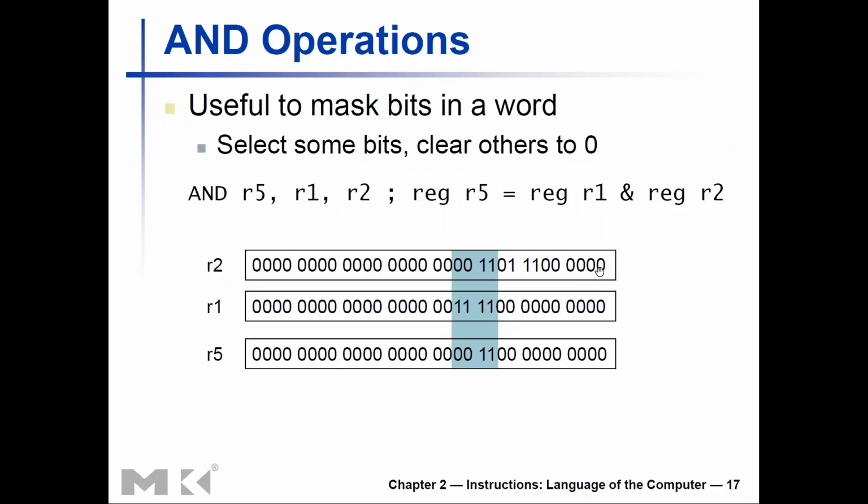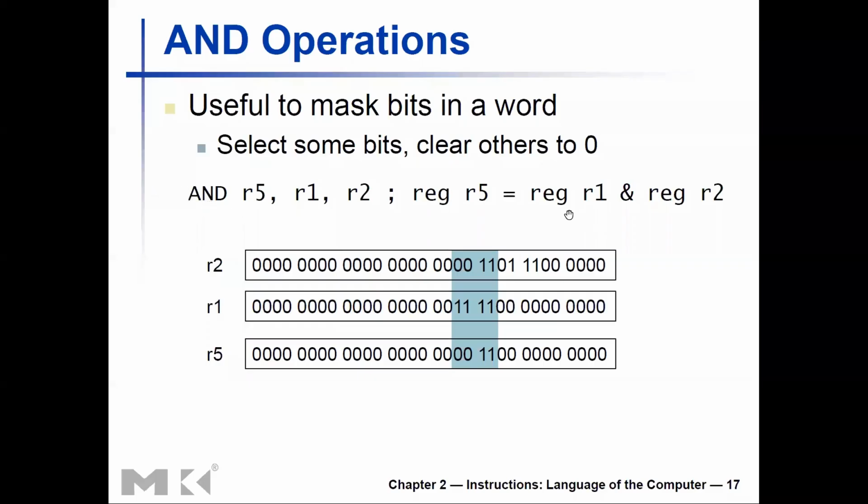If you mean the order in which the bits are ANDed, it's going to be the respective bits, that is the 0th bit with the 0th bit of R1. There's no procedure as such.